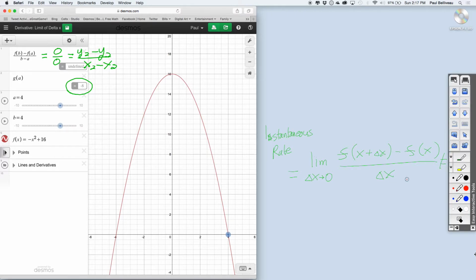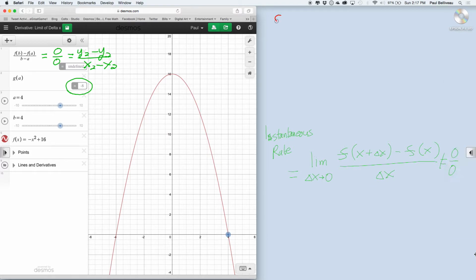Okay, this particular formula in this case, let's see what this looks like. f of x equals negative x squared plus 16. There's my f of x. I'm going to need that in this limit in a moment. I'm also going to need f of x plus delta x. Well, f of x plus delta x, this is something you don't want to overthink.